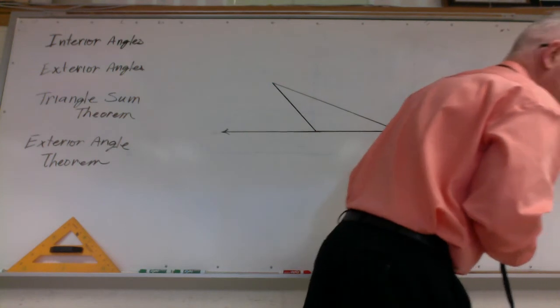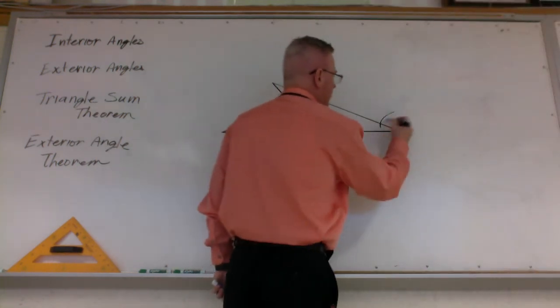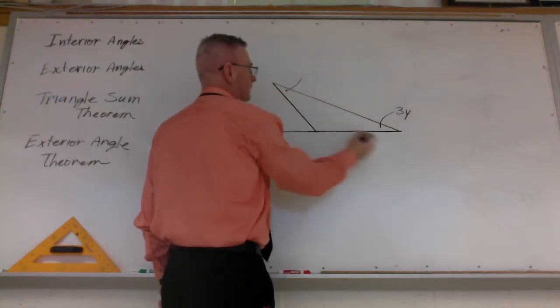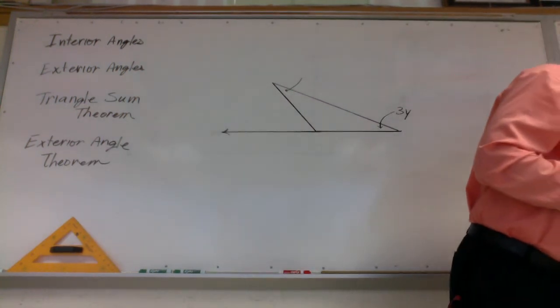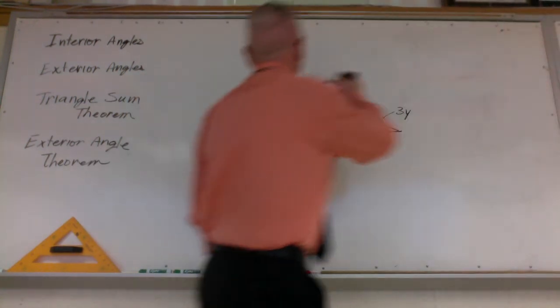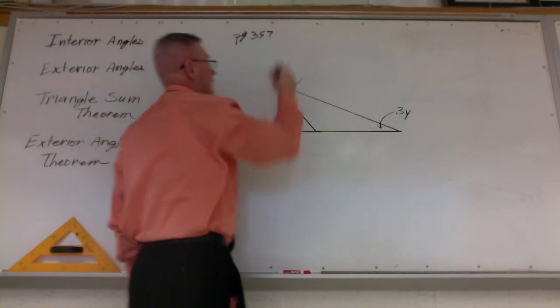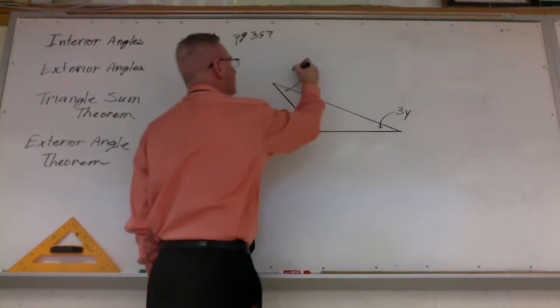So what we're looking at here is 3y. This angle down here is 3y. And this angle here, I'm on page 357 in your book, they're defining as 4y minus 4.